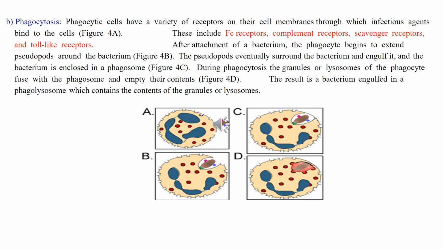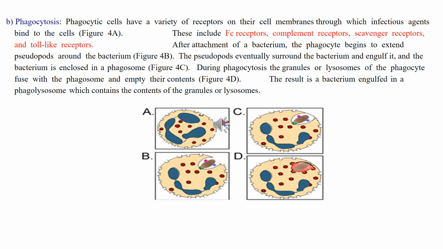During phagocytosis, the granules or lysosomes of the phagocytic cells fuse with the phagosome and empty their contents. The result is the bacterium engulfed in a phagolysosome. These figures show the steps in the engulfment of the bacterium with the subsequent killing of them.